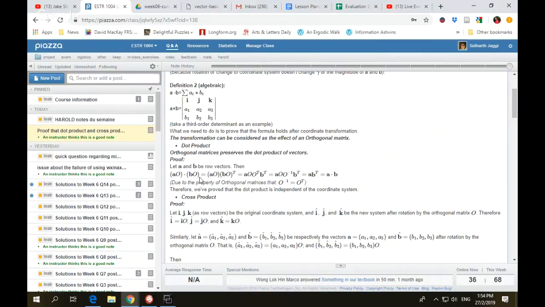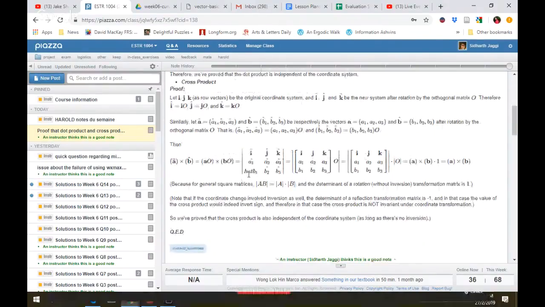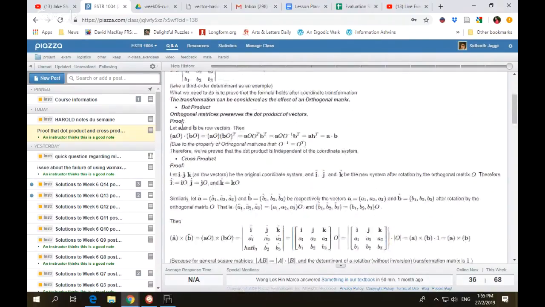Notice, by the way, why am I thinking of A and B as row vectors? Because later on we'll do cross products, and for cross products, I want the A's and B's to be row vectors. Therefore, I want to make sure that the coordinate transformation happens as A times O, okay? If I was thinking of A and B as column vectors, then I would have O times A, O times B, okay? So just something to keep in mind.